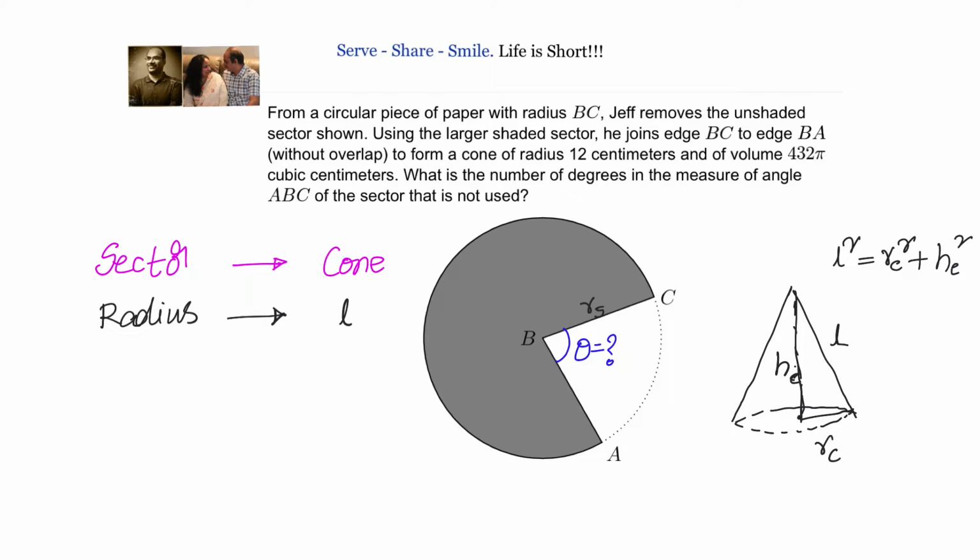Not only that, the arc length of the sector is equal to the circumference of the base. When we fold this, this length of the arc becomes the circumference of the base of the cone. So arc length is equal to circumference of base.